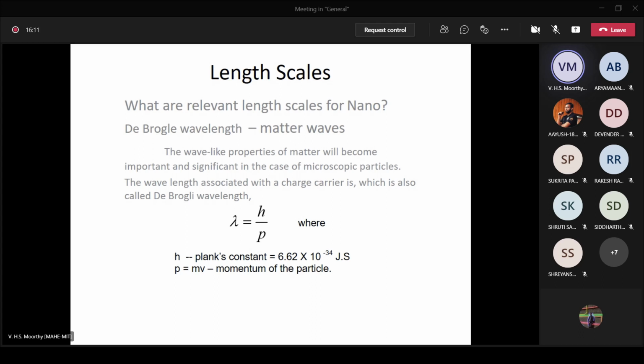As we discussed, nanoscience and technology goes from solid to a group of atoms. A solid has a huge number of atoms; in 1 mole of a material, 10 power 23 atoms will be there.